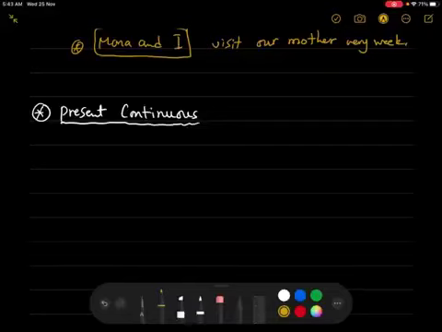However, we use present continuous if we want to express a present contemporary action. So we can say that we use present continuous tense in the following cases. The first one, when we want to express an activity that is happening at the time being, now, or at this moment, or at this instant.